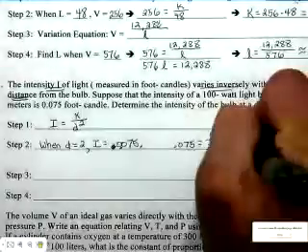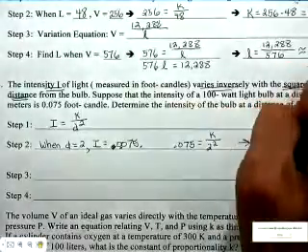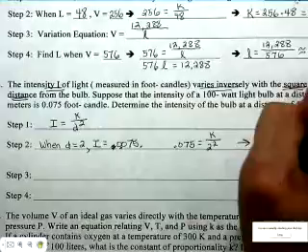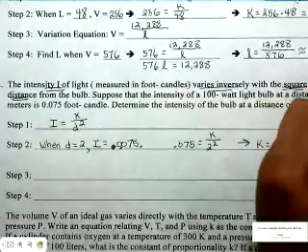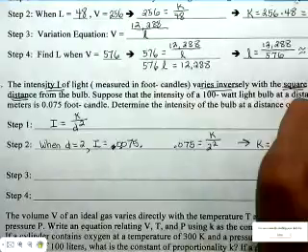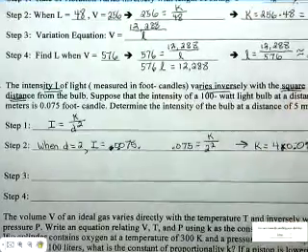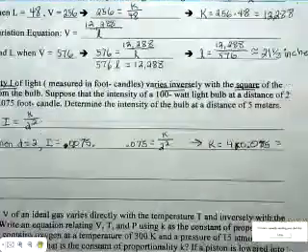And you get K equals 4 times 0.075. That's just about as sloppy as anything I've ever written.